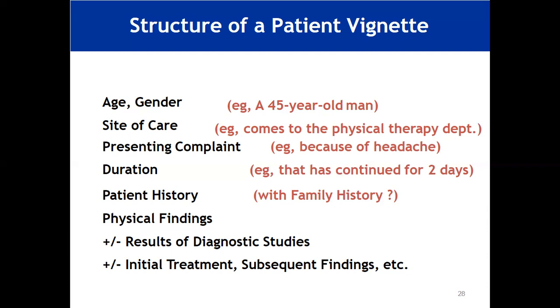With simple headache. Then what is the history of that symptom: does the patient have an acute condition, subacute, subchronic, or chronic condition? So what is the duration, how much time the patient has had those symptoms.